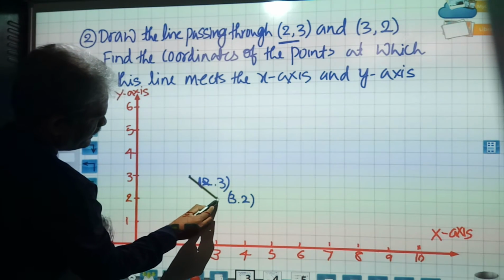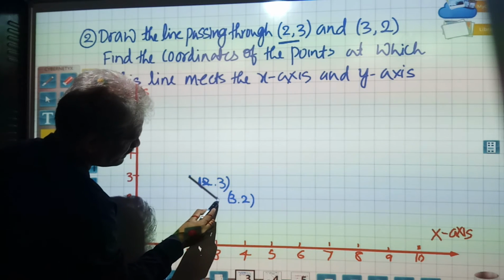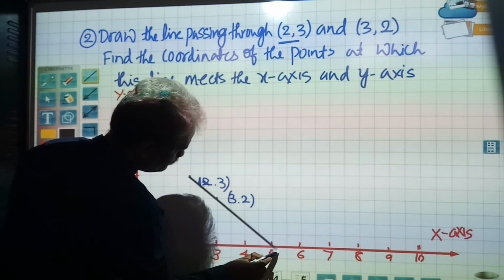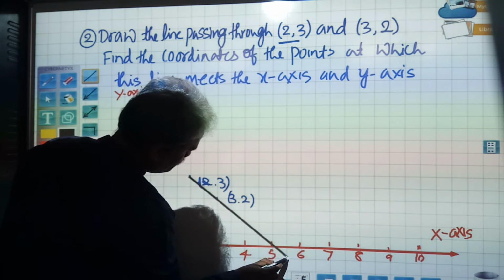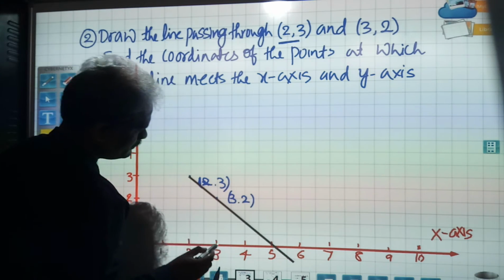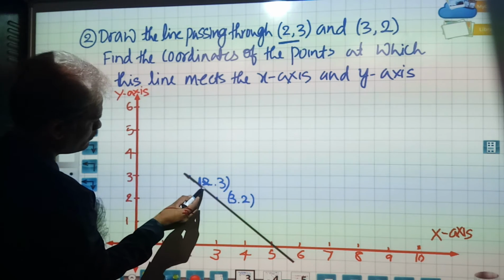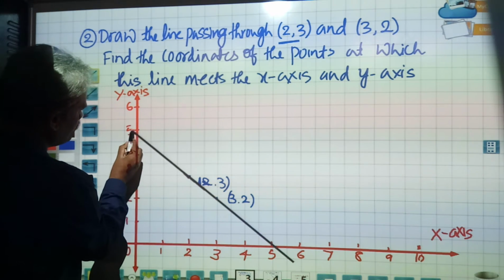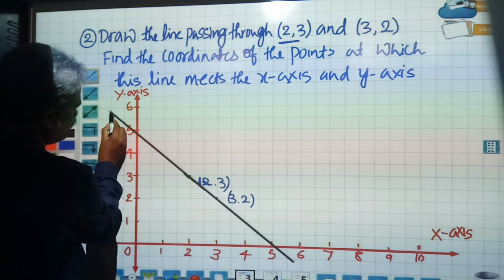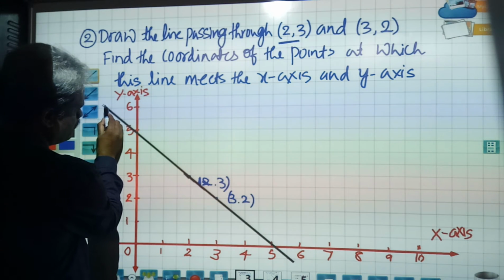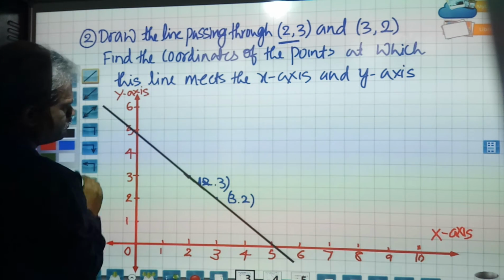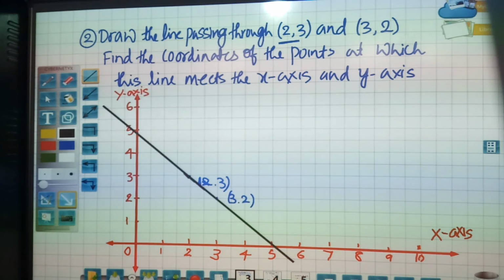You are getting a straight line, and you produce it further, on one side and the other side also, on either side.